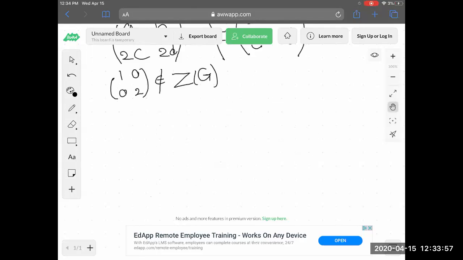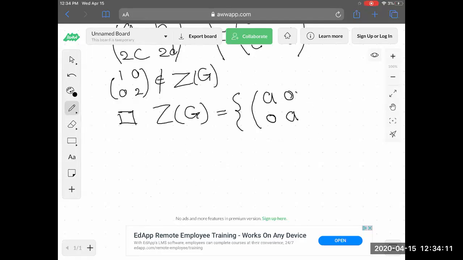So it makes sense to guess that the center of the group contains only the elements which I mentioned, A, 0, 0, A. And because we want the determinant to be non-zero, we should assume A is not 0 itself. Now we should prove that. How can we prove this thing?